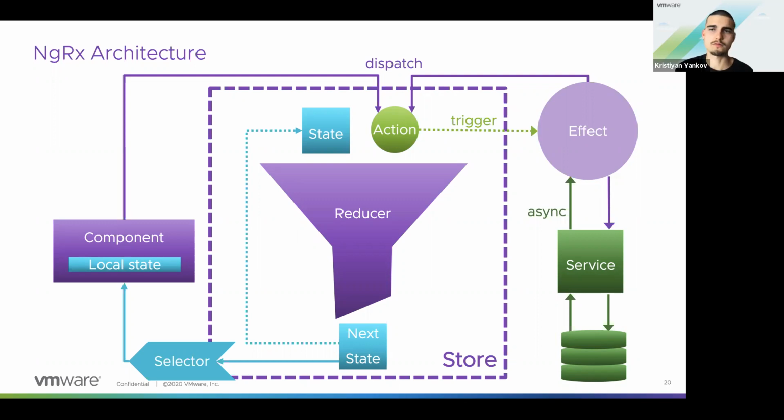Additionally, we can factor out the asynchronism there. So instead of having asynchronous command chains, tasks like HTTP requests can signal their completion through the event bus by dispatching a success or failure action. And that's done through effects.